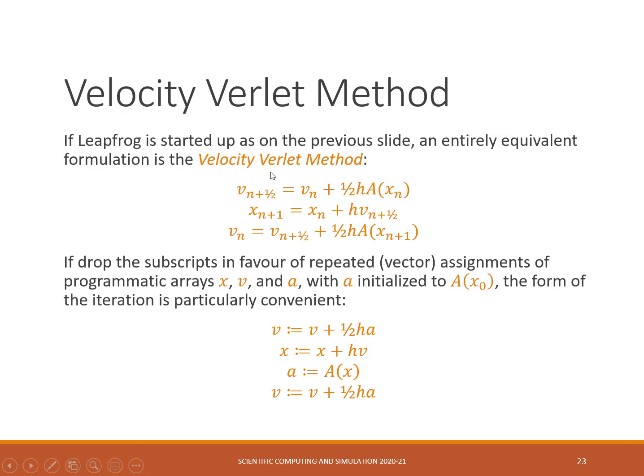In this method, we first compute vn+1/2. The result is used to obtain the new position of the next step, which is xn+1. The new position is given to the force function a to obtain the velocity at time n+1.